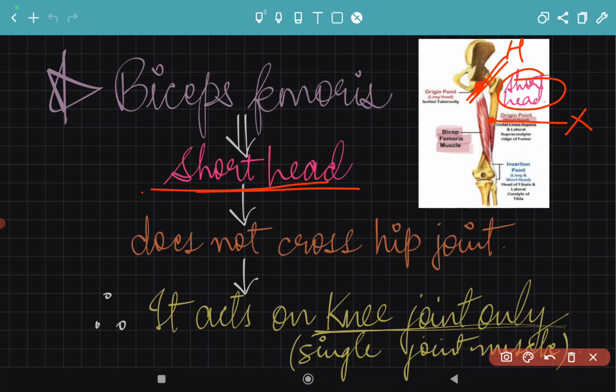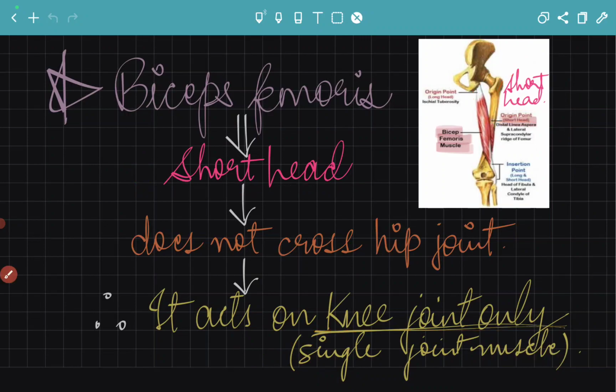So it will act only on knee joint as a single joint muscle. So this was a quick note to remember about the short head of biceps femoris.